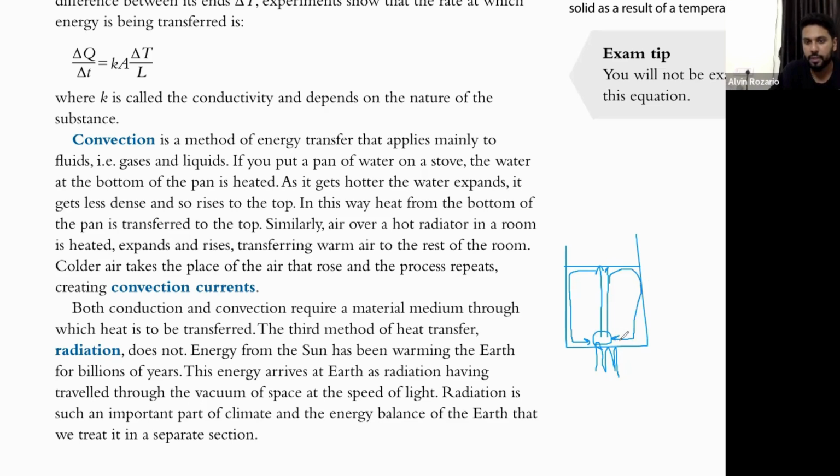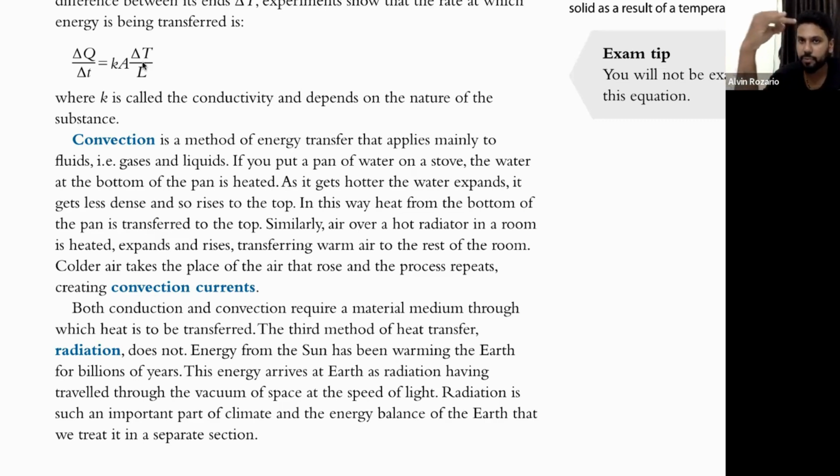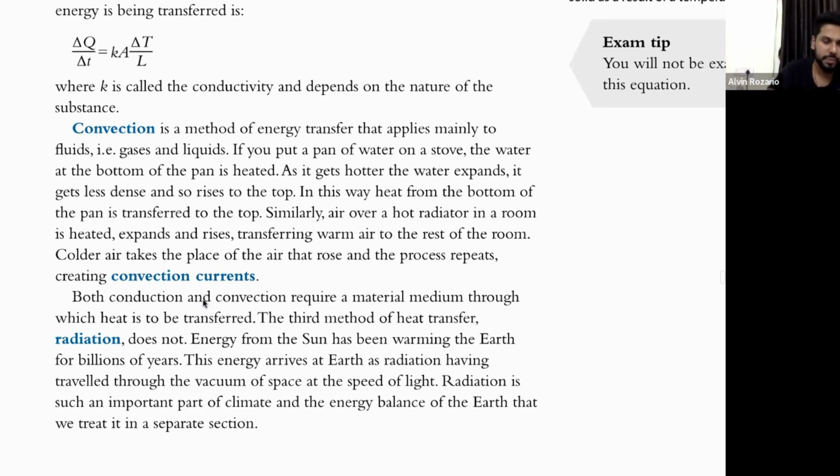This is called the convection cycle, and this is called convection. Convection happens in fluid, not in solid, because in solid the particles are rigid, they cannot move. But for convection, the particles are supposed to move, either in a gas or a liquid. This is how convection happens.